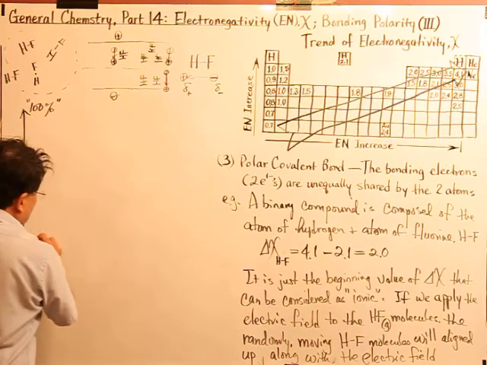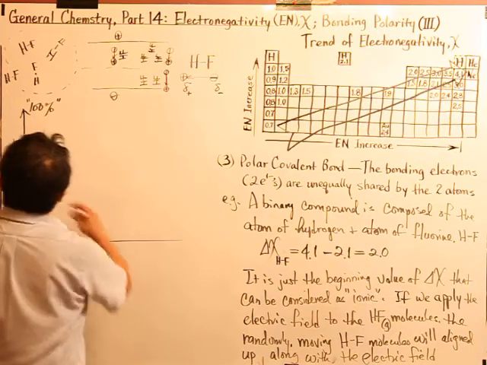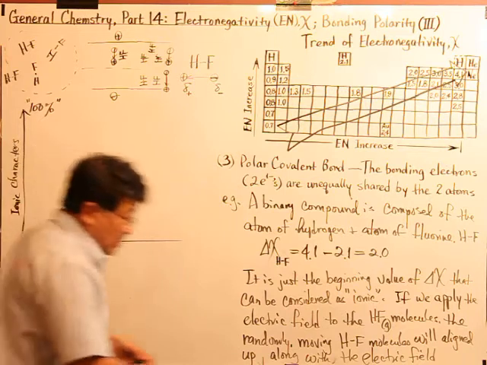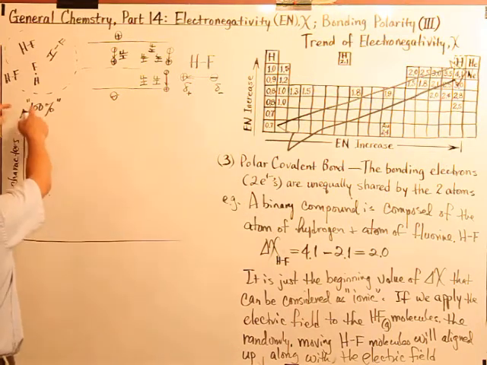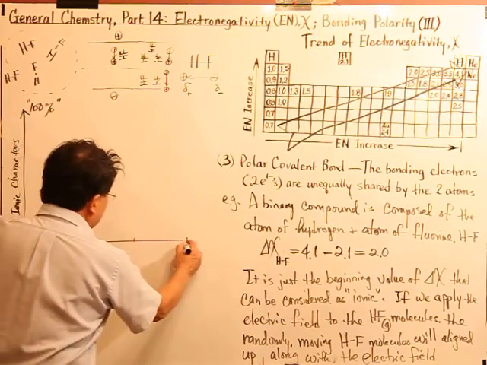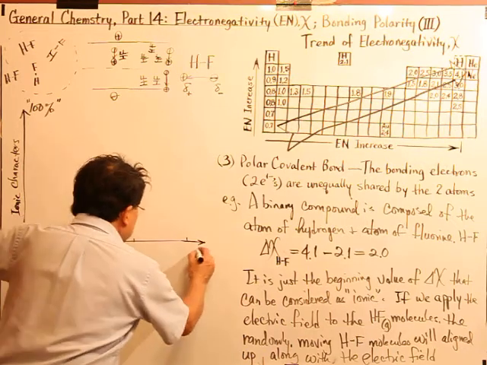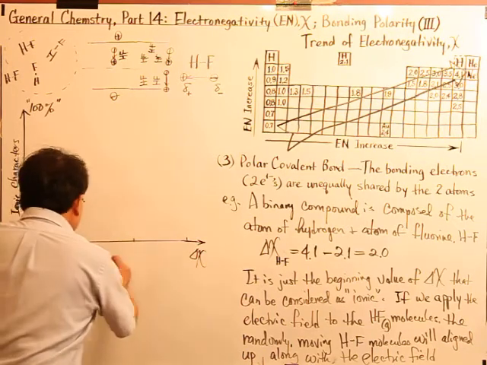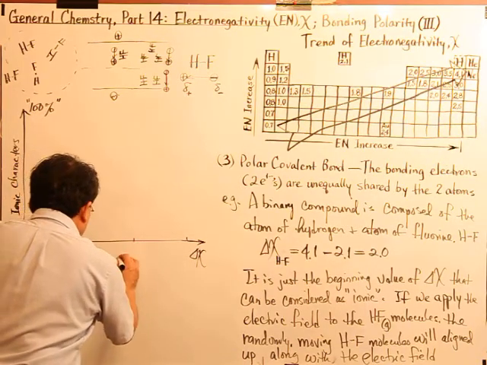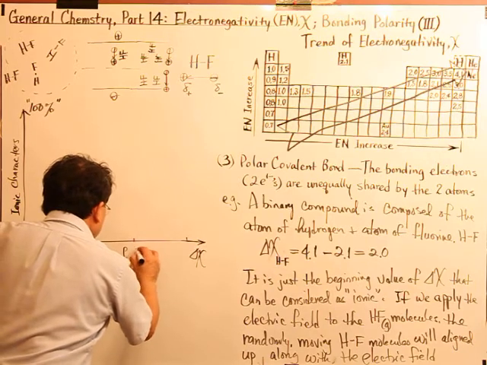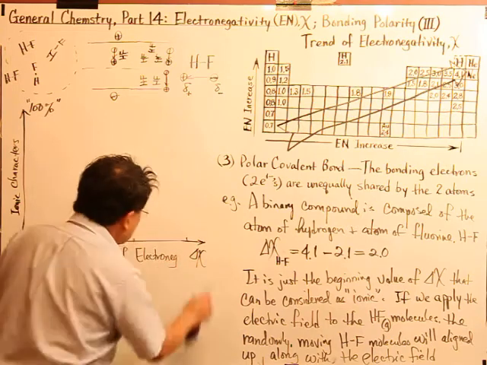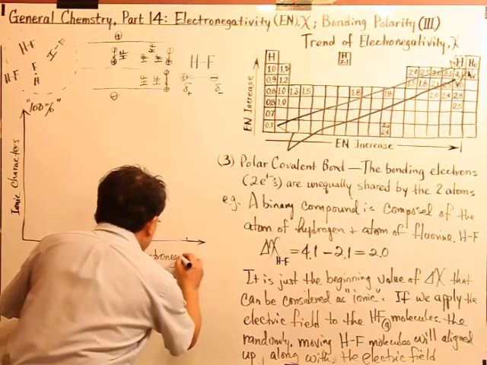So this y-axis is the ionic character of the bonding, getting closer to 100% going up. But here we have 1, 2, 3. What is that? That's delta chi. Delta chi is the difference of electronegativity.